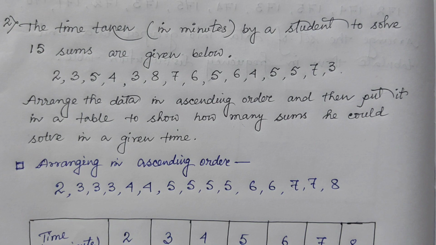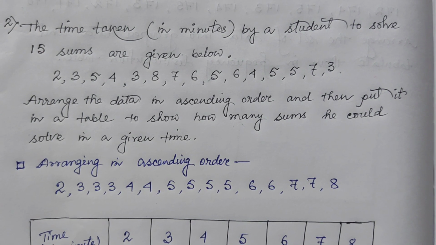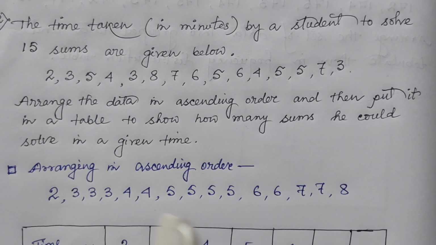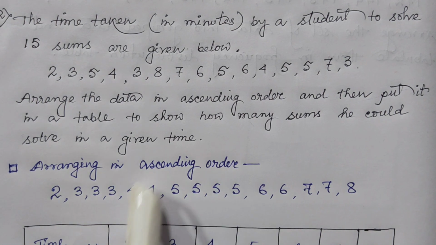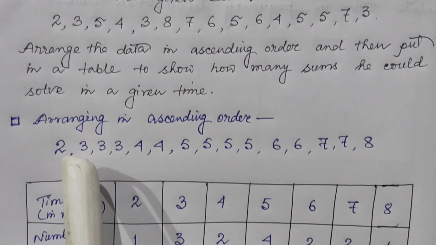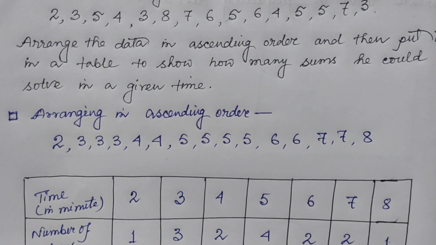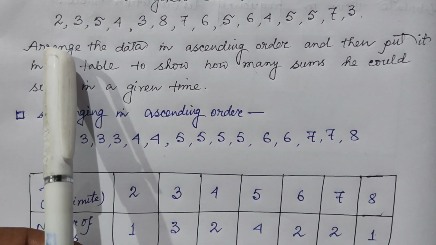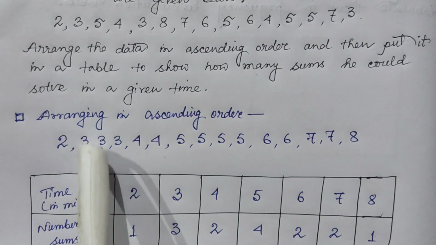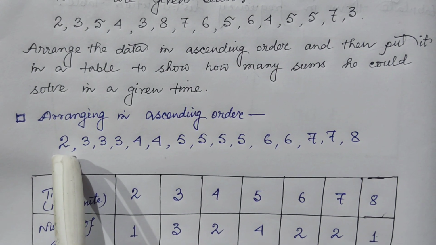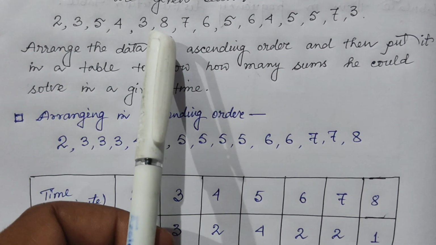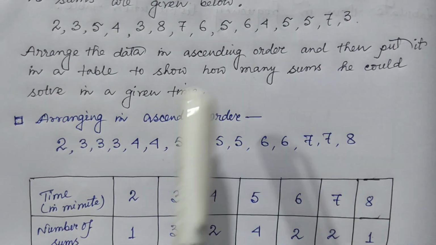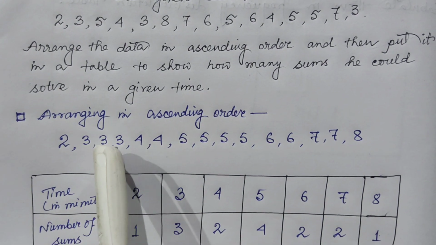So first of all, we have to arrange the data in ascending order. Ascending order means small to big. So first 2, how many 2's are there? Only 1. So I have written 2. Now you can see there are three 3's. So 3, 3, 3.